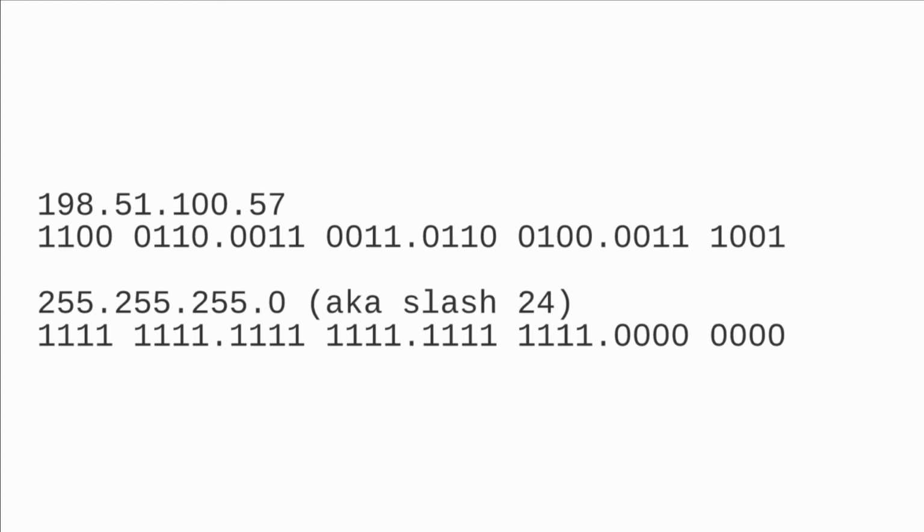That's why you get these weird numbers like 248 or 255 or 128. They seem arbitrary in decimal, but when you put them in binary, you can see it's all just a series of ones. The ones on the left side are the network part of the address, and the zeros on the right side represent the host part, or the local part, of the address.